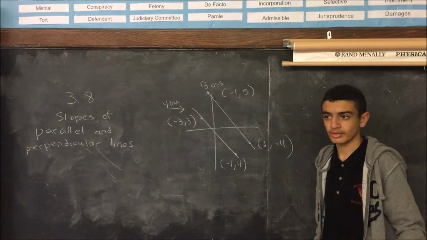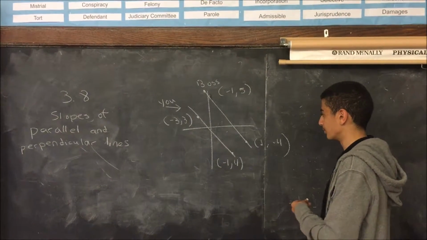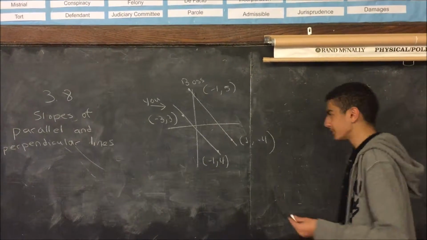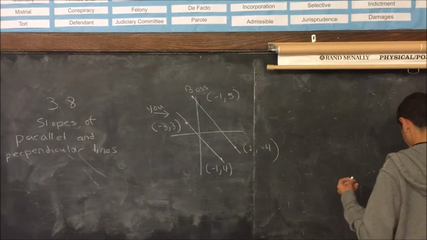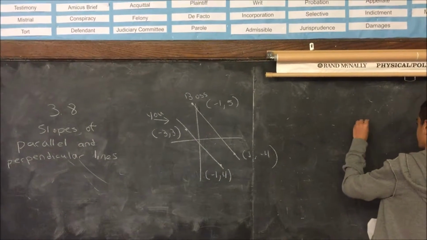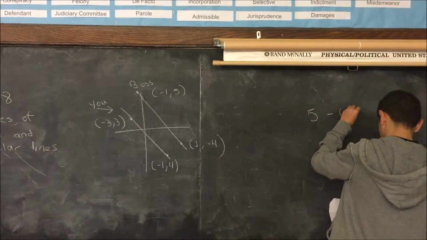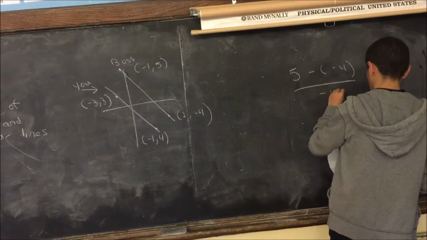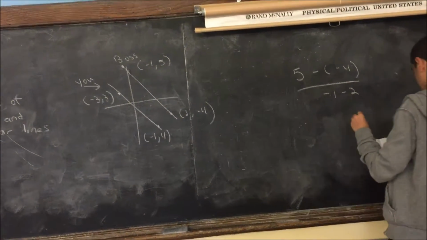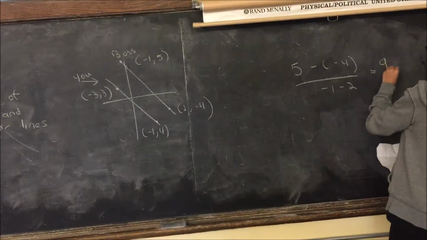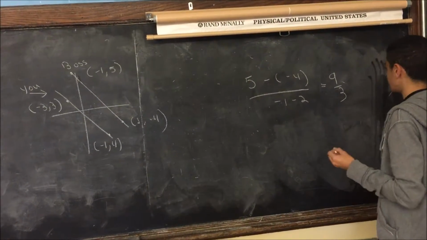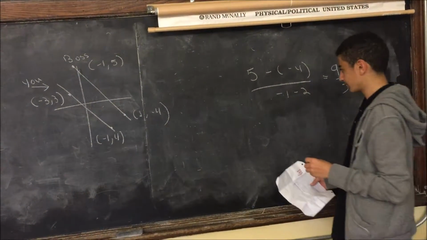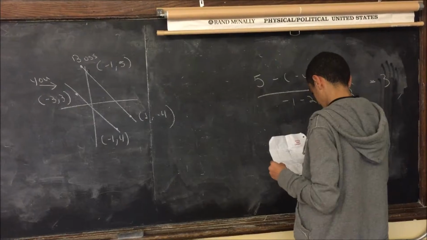In order to find out if you're going to intersect with your boss or not, you have to find the slopes of each line. To find the first one, we subtract 5 from -4 and 1 minus 2, which gives you 9 over 3, and that goes to 3.